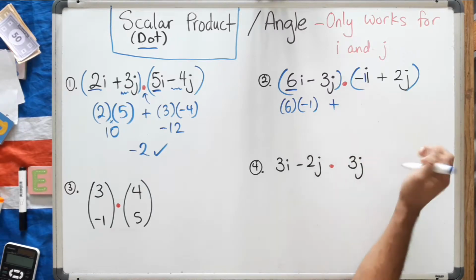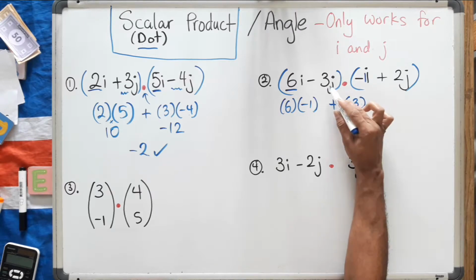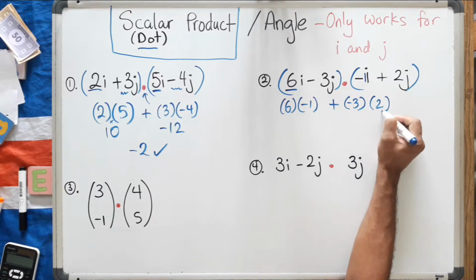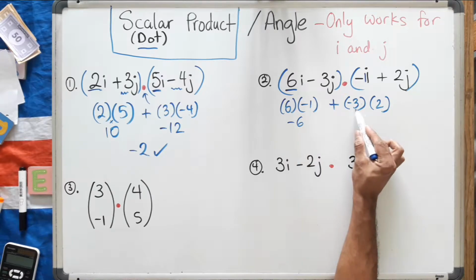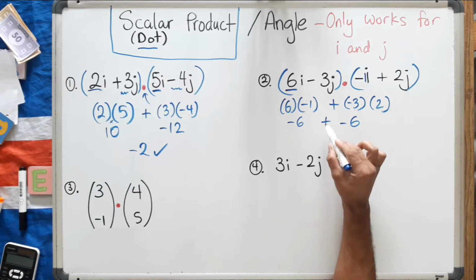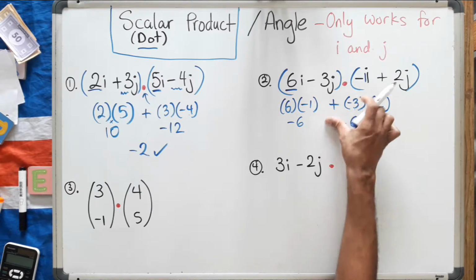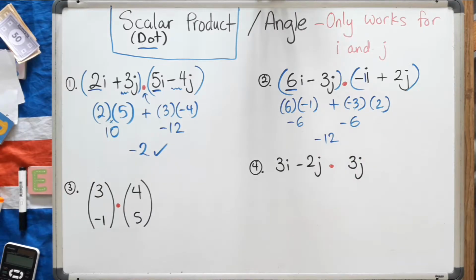Plus, you must put the plus. And then we take the numbers touching the j's, which is minus 3, and 2. 6 multiplied by minus 1 is minus 6. Minus 3 by 2 is minus 6, and there's a positive in between. A plus and a minus, when they touch, will give you a minus, and the answer for this one will be minus 12. Minus 6 minus the next 6 is 12.